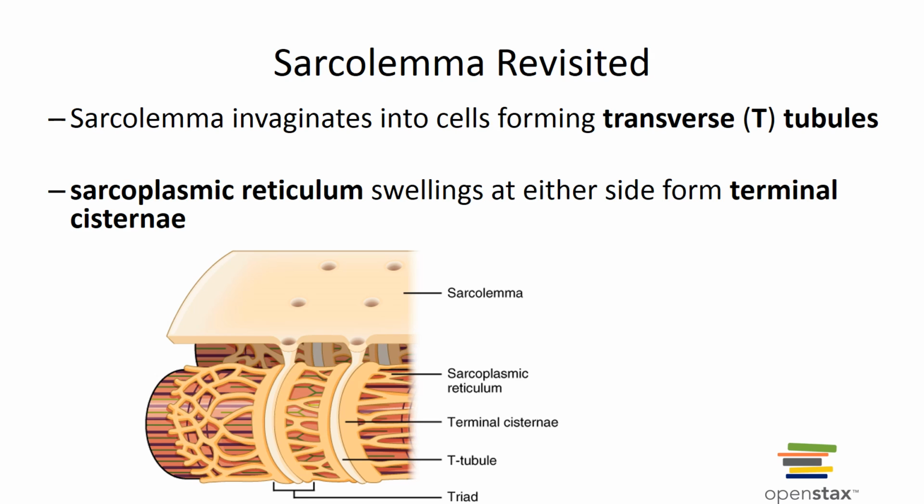The sarcolemma possesses numerous invaginations that extend deep into the sarcoplasm at right angles to the cell surface. And those invaginations are called transverse tubules or T-tubules. The T-tubules form passageways through the muscle cell, allowing electrical impulses generated at the surface to travel deep into the cell's interior.